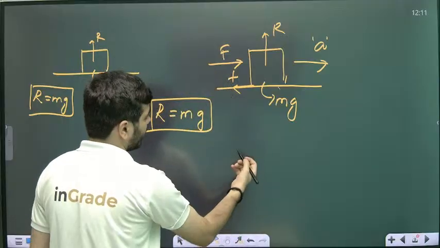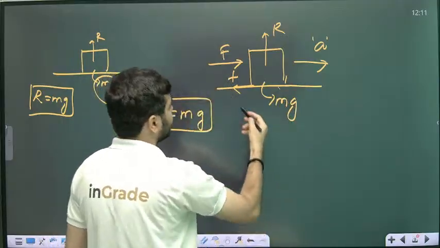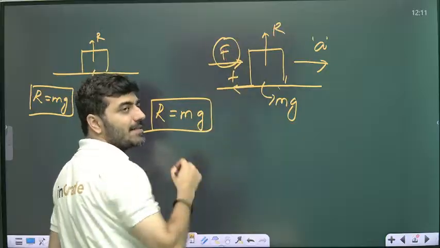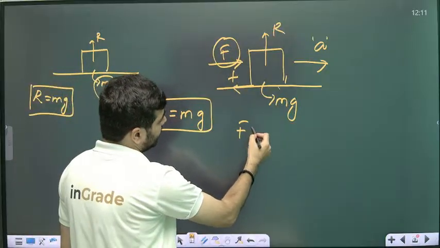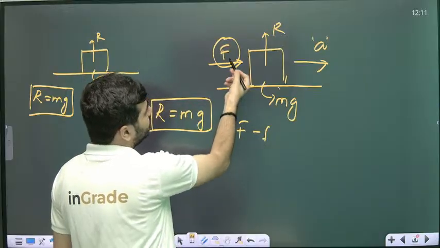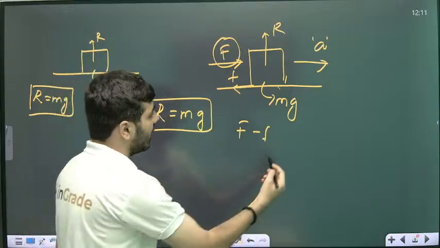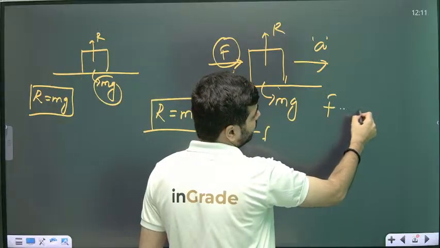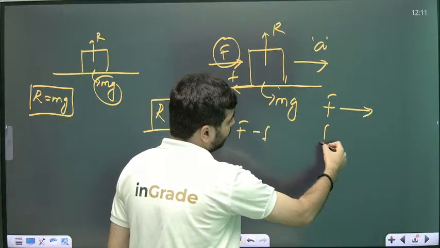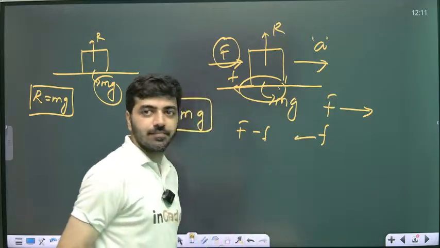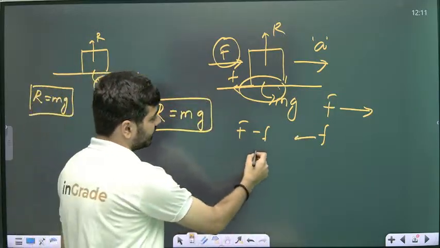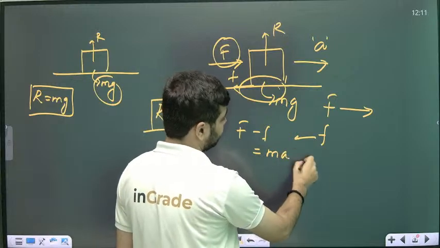The body is moving in a forward direction, which means this force is greater than the friction force. Simply F minus f, because these two forces are in opposite directions. F is acting in the forward direction, and the friction force because of that surface is in the backward direction. So F minus f equals ma.